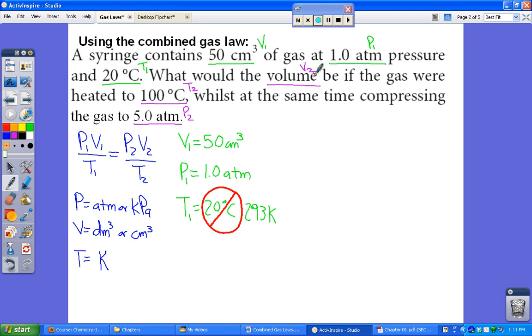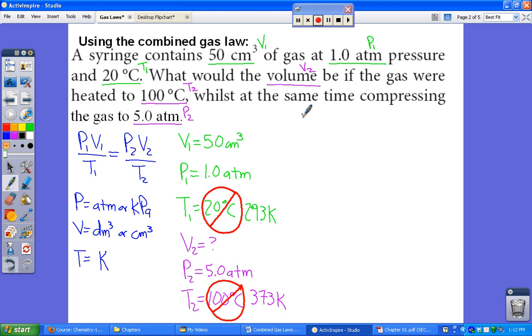So if we record that here, we've got V2 unknown, P2 5 atmospheres, and T2 100 degrees Celsius, except of course that it's not really. It's 373 K.